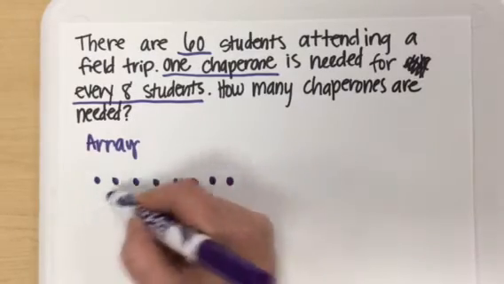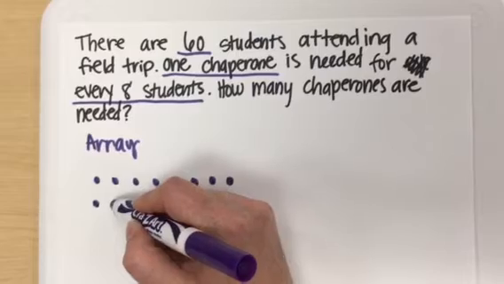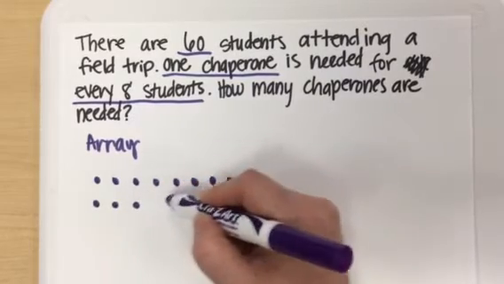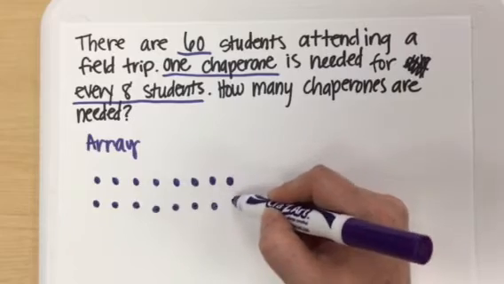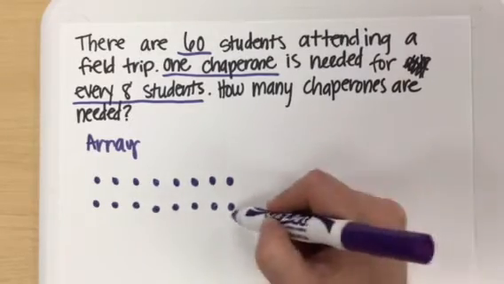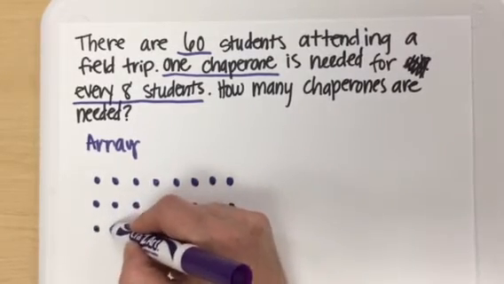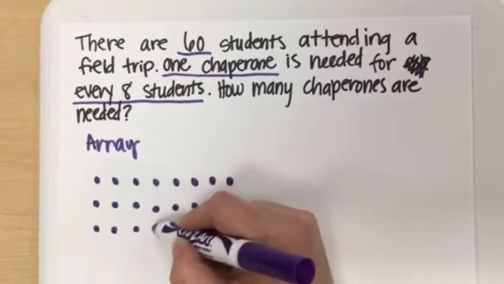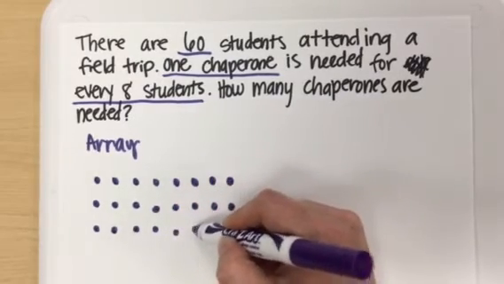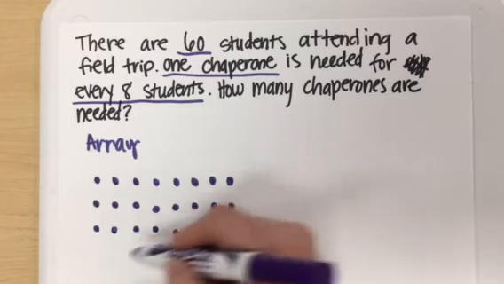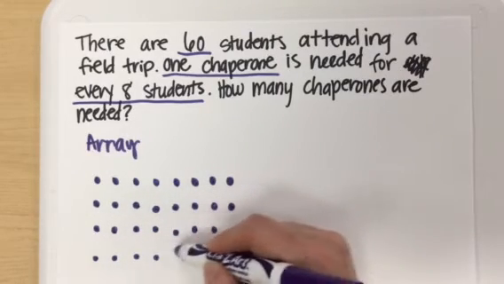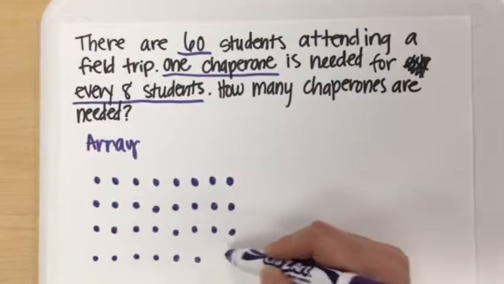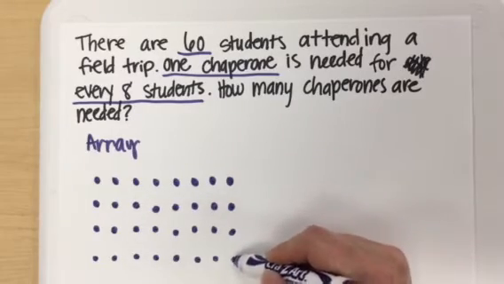So let's make the next group 9, 10, 11, 12, 13, 14, 15, 16, there's the next chaperone, 17, 18, 19, 20, 21, 22, 23, 24, 25, 26, 27, 28, 29, 30, 31, 32.